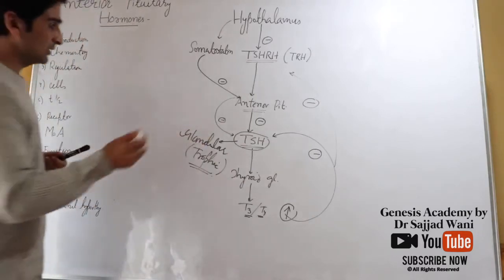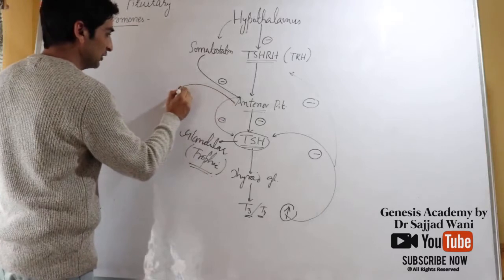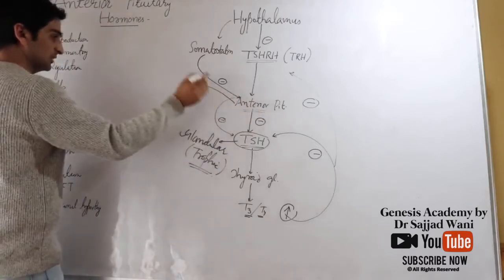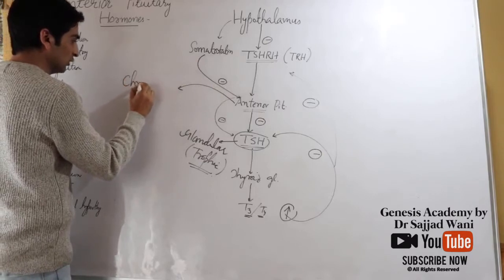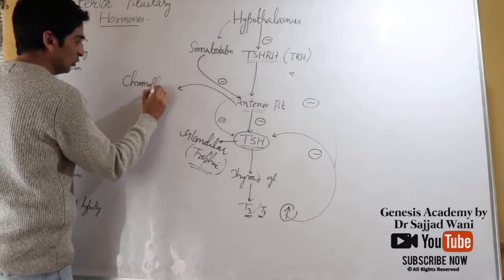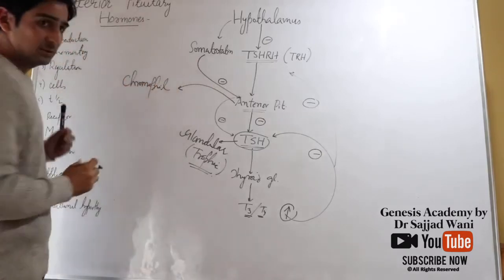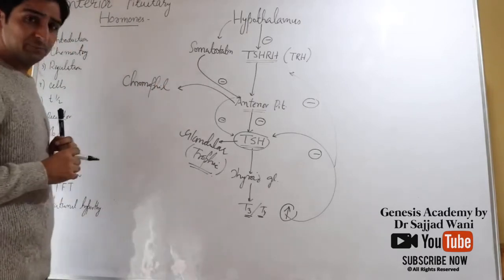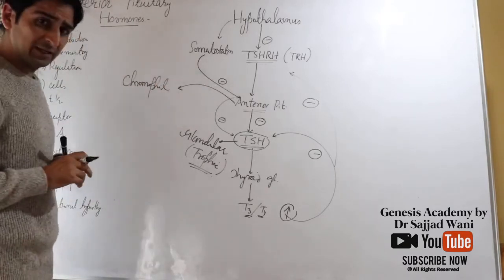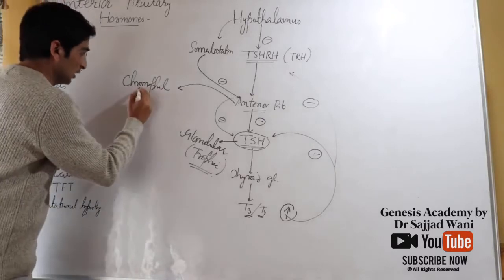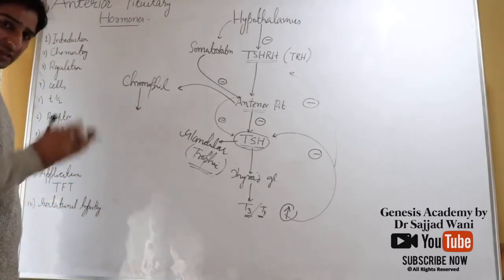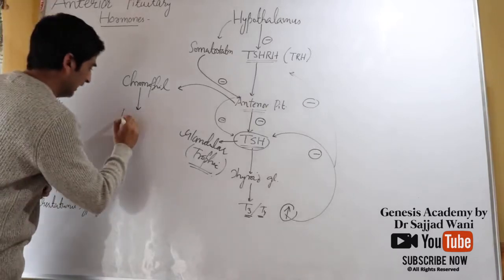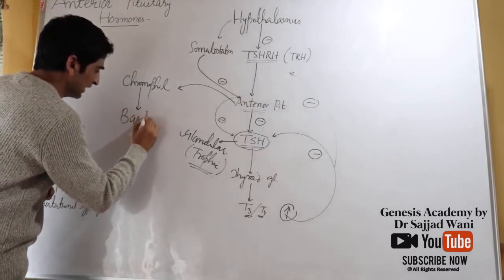So this was all about the regulation of the thyroid stimulating hormone. And now I will tell you something about the cell which secretes the thyroid stimulating hormone. The cells present in the anterior pituitary, I have told you, include cells known as chromophil cells. The chromophil cells are acidic and basic, acidophils and basophils, and there are three types of basophilic cells: the thyrotropes, the gonadotropes, and the corticotropes.